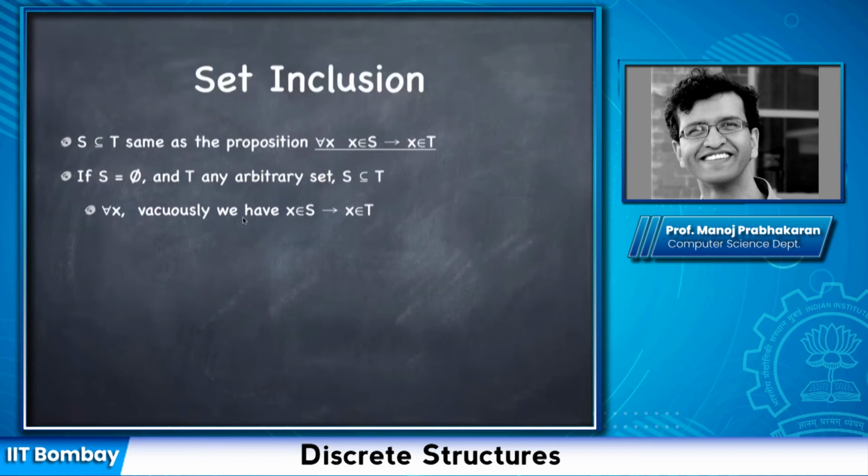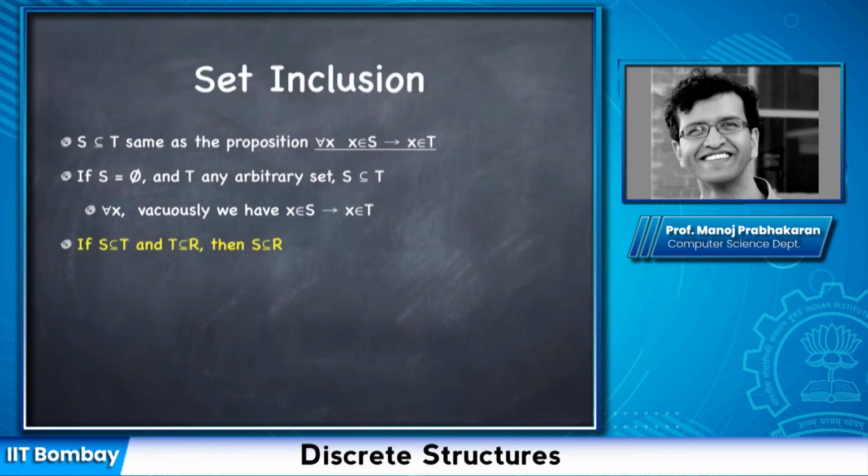So this X is in S implies X is in T is vacuously true for every X. So indeed, this statement holds for every X. This is just elaborating on the point that the empty set is a subset of any set, and that follows from the definition of subset that we had in the previous slide.